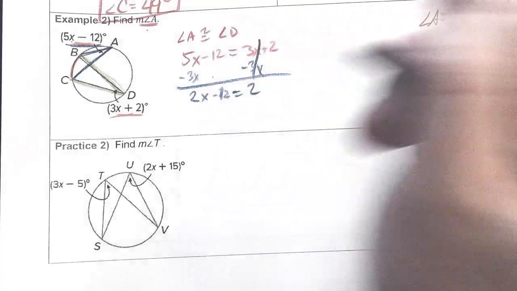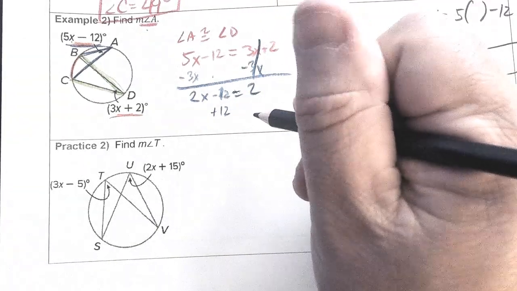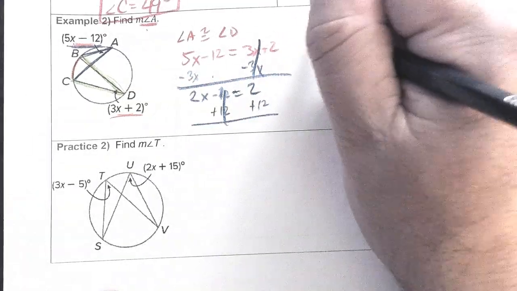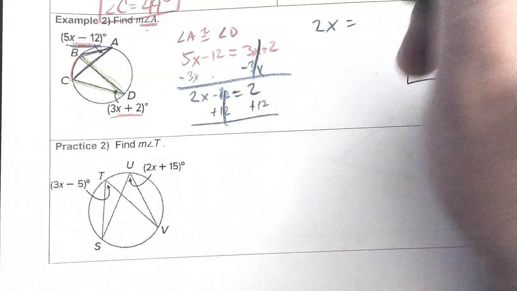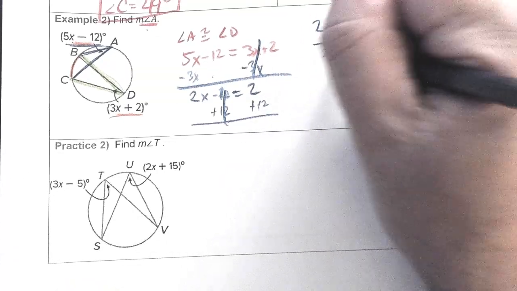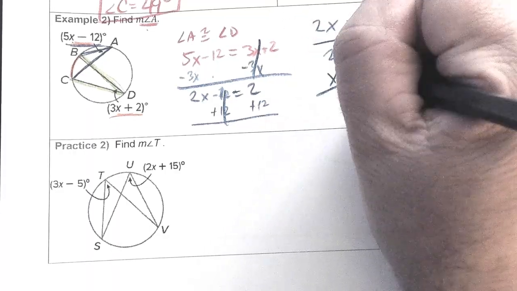So 2x minus 12, so let's add 12. Add 12. These cancel, and we'll move over here. So 2x equals 12 plus 2 is 14. Divide both sides by 2. X equals 14 divided by 2, which is 7.